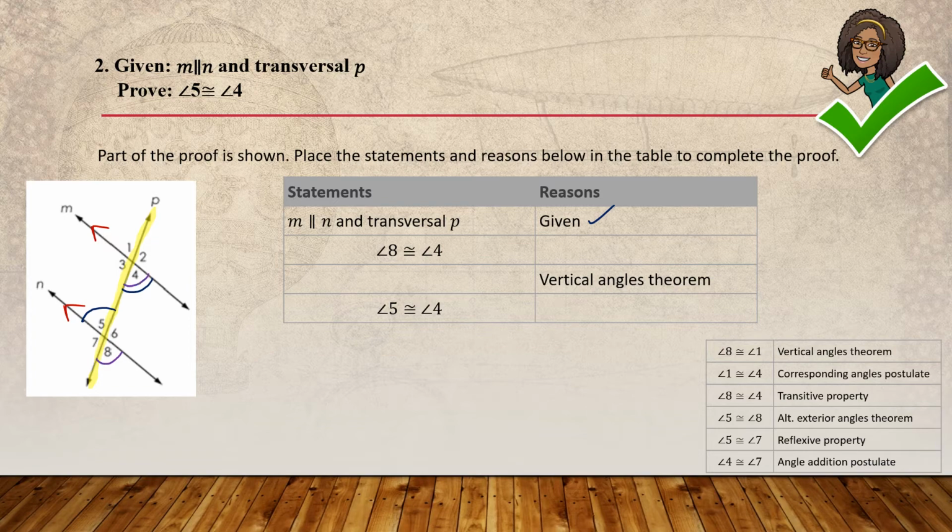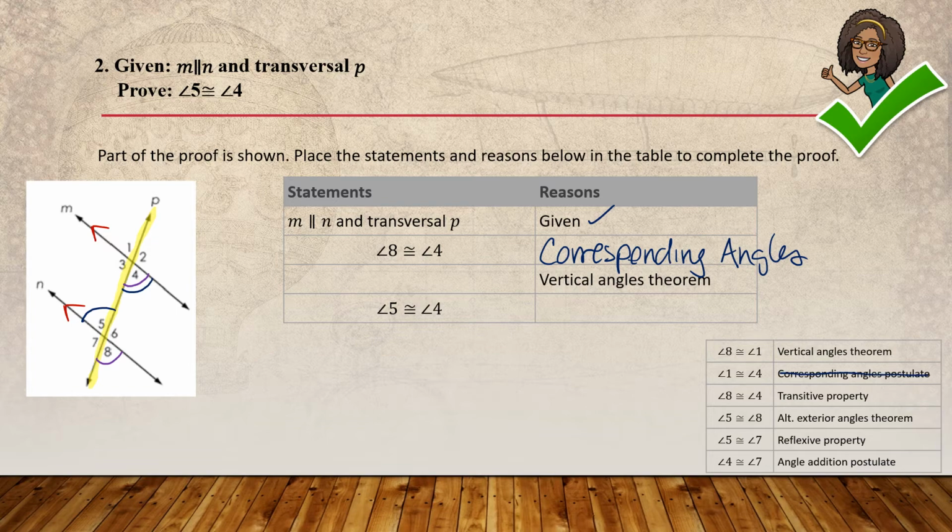So angle 8 and 4 I see are on the same side of the transversal, okay? And they are in the same position. So same side of the transversal, same position tells me that those are corresponding angles. So we can get rid of this one in our table.